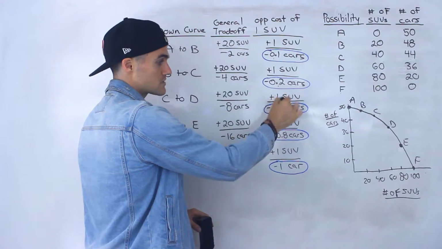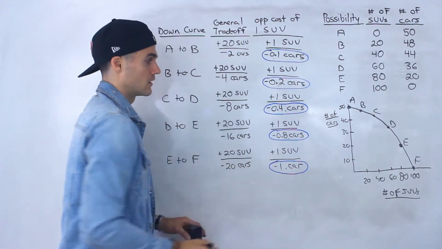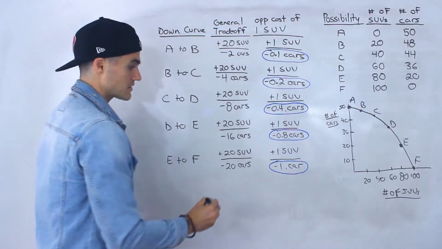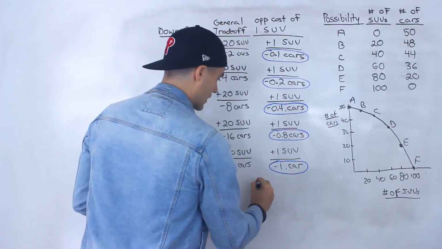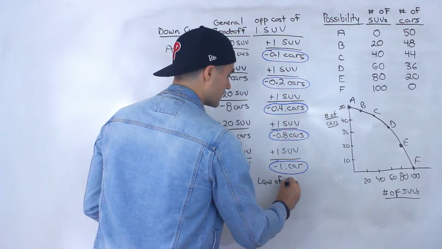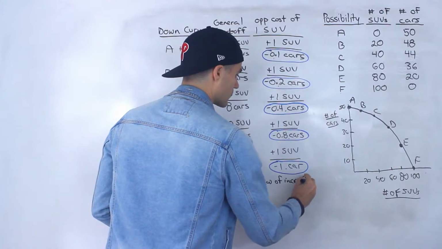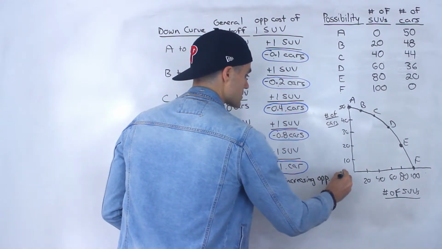And then for one SUV here, it's 0.4 cars, 0.8, and then one full car. Right? So not only are they not constant, but the opportunity costs are increasing. And there's actually a law for that called law of increasing opportunity costs.